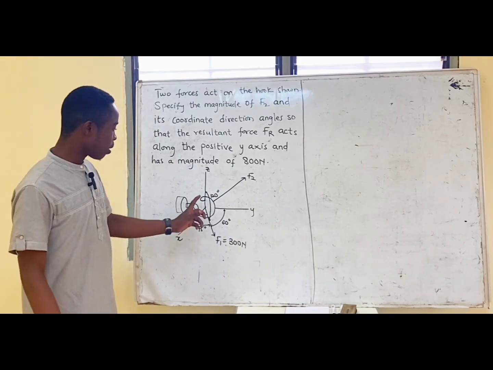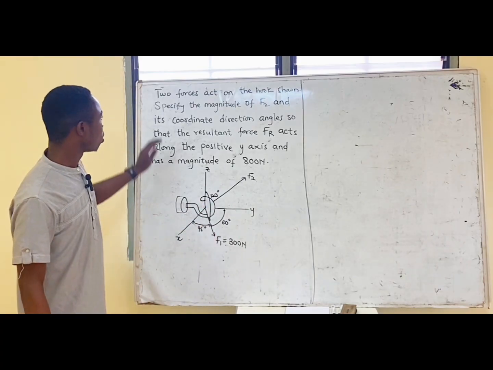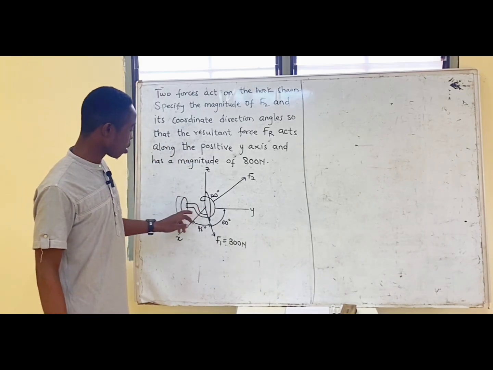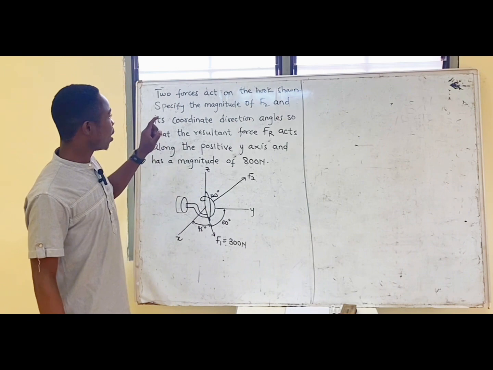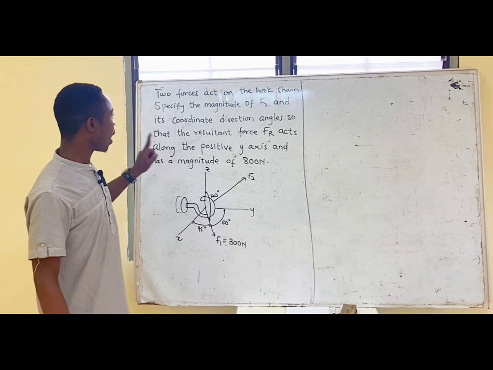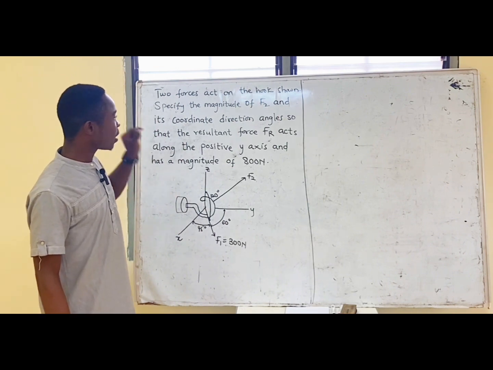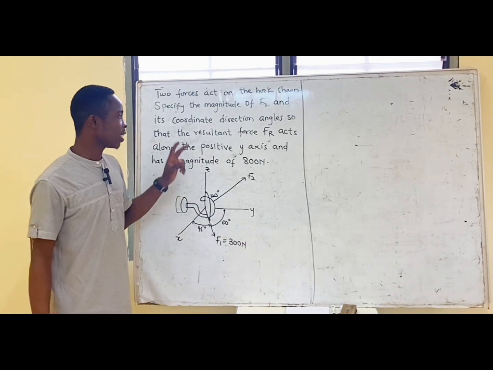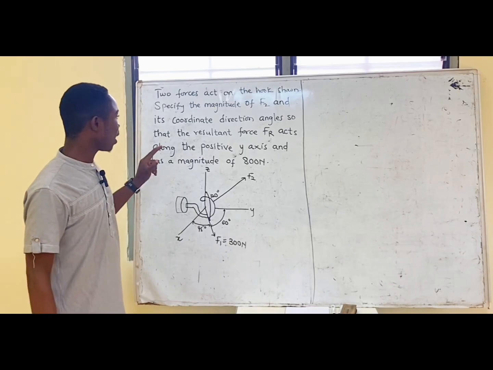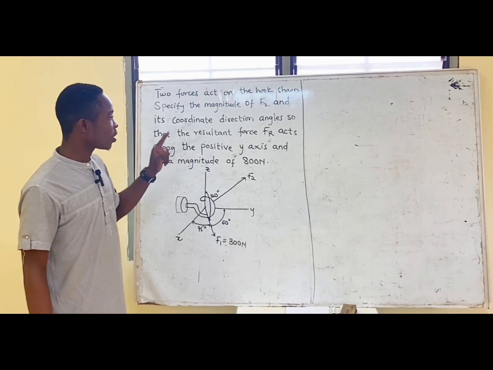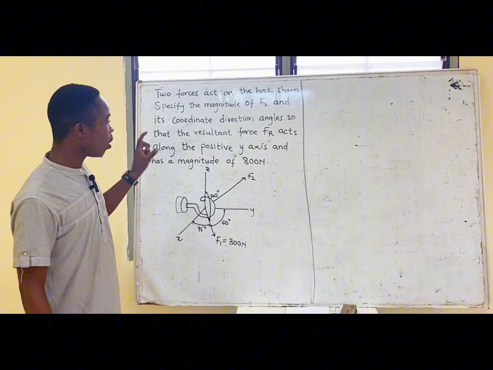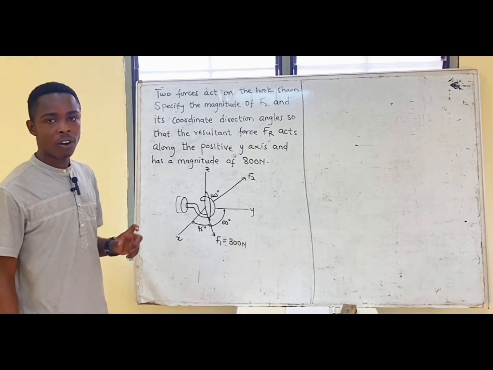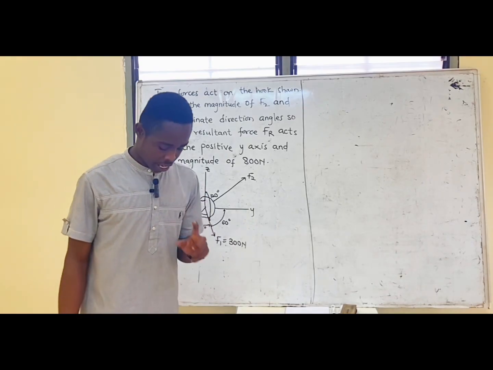Now, with this particular question, the question says, two forces act on the hook shown. So this is the hook. And the question continues by saying that specify the magnitude of F2 and its coordinate direction angles so that the resultant force Fr acts along the positive y-axis and has a magnitude of 800 Newton.